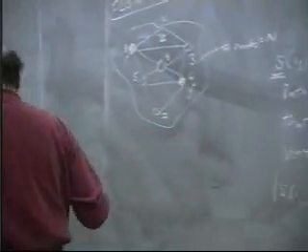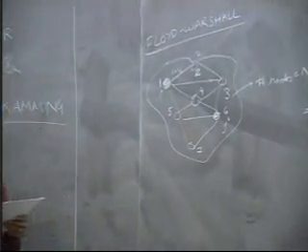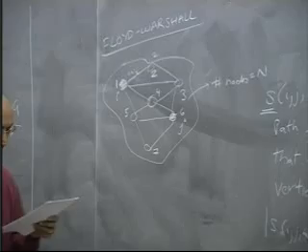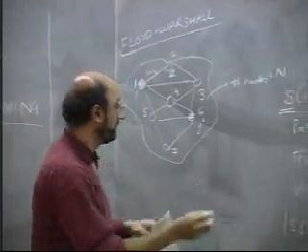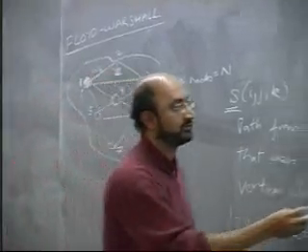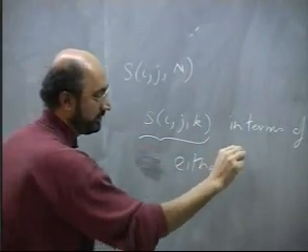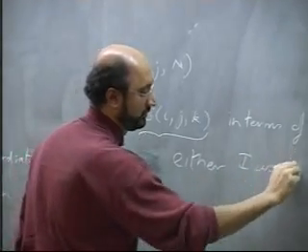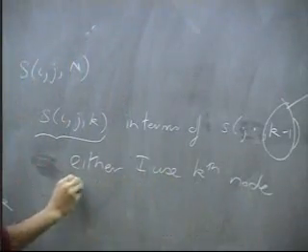So let's see what the observation is. The observation is that if I'm going from i to j using these nodes, either I'm going to use the kth node or I'm not in this path. Either I use the kth node or not.